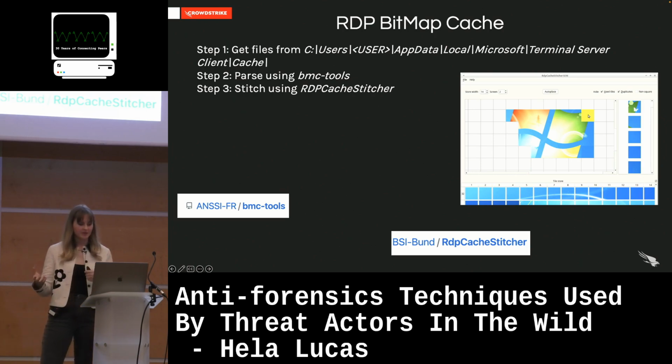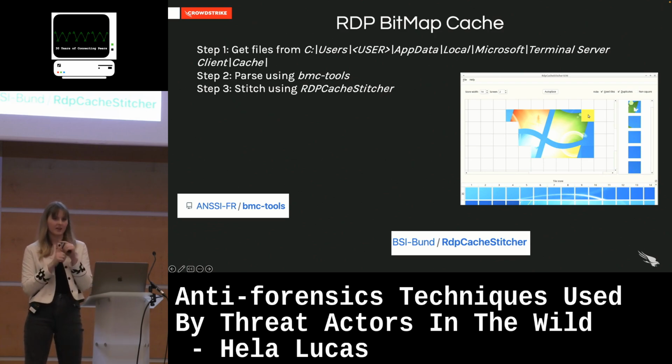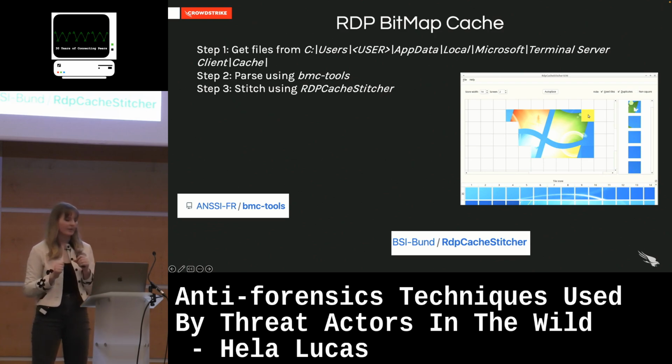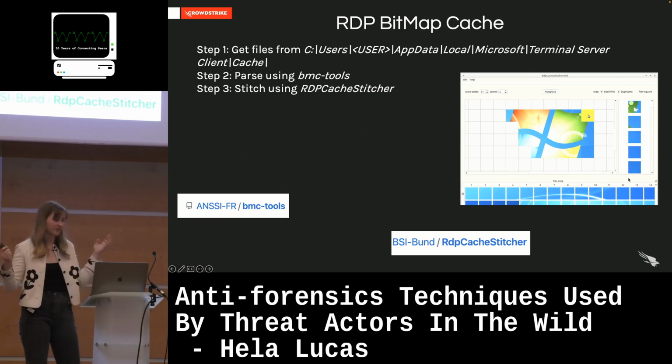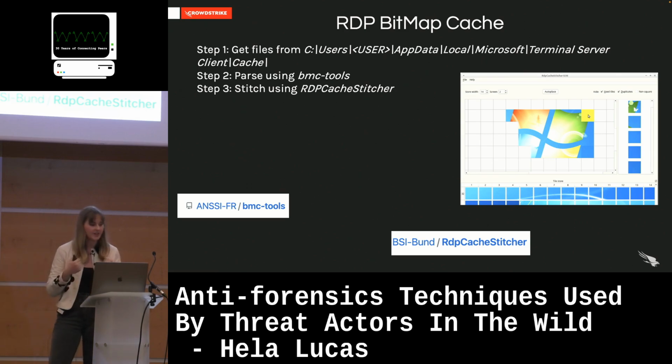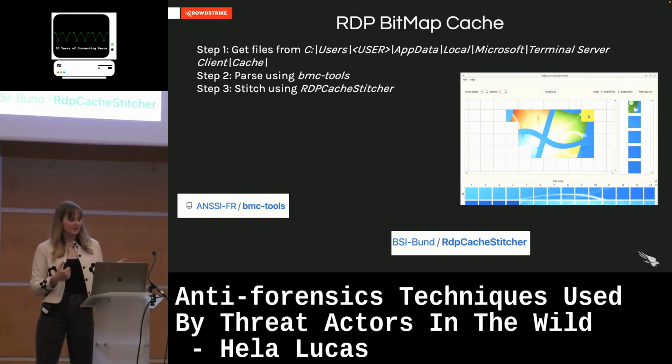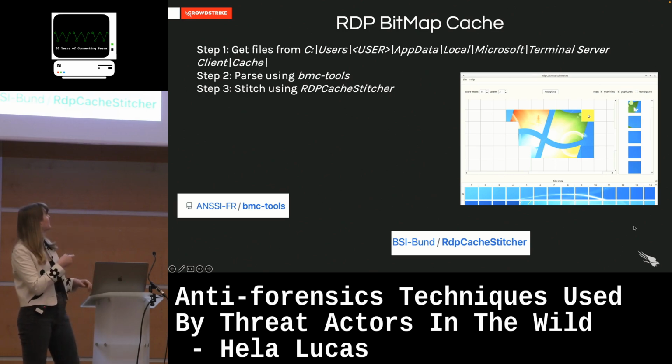But the problem with this artifact is that it's just a bunch of little cache tiles that don't show that much of the content of the screen. What you can do is parse these files using two tools, one from the French CERT, one from the German CERT. For some reason, they love BMC. You can use one to get the tiles and then the other one to arrange the tiles in a puzzle, like you can see there.